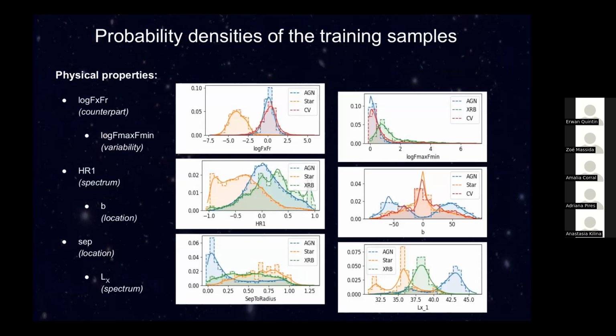So here comes the technical part. When you have this training sample, you can plot the densities of each property for each class. For example, this is for the X-ray to optical flux ratio, and you see that AGN and cataclysmic variables are nicely distributed around 0, and are well separated from stars, for example.